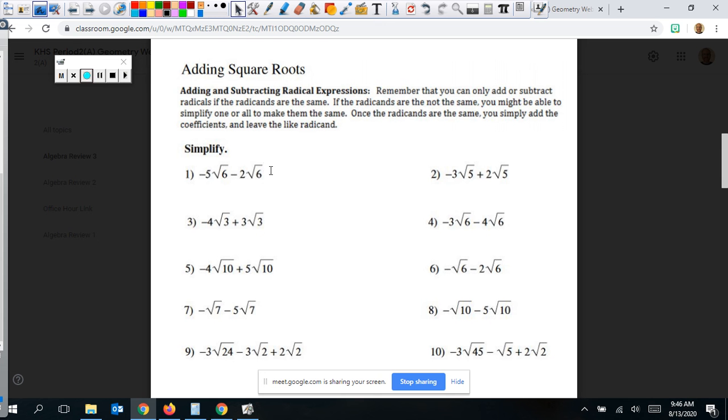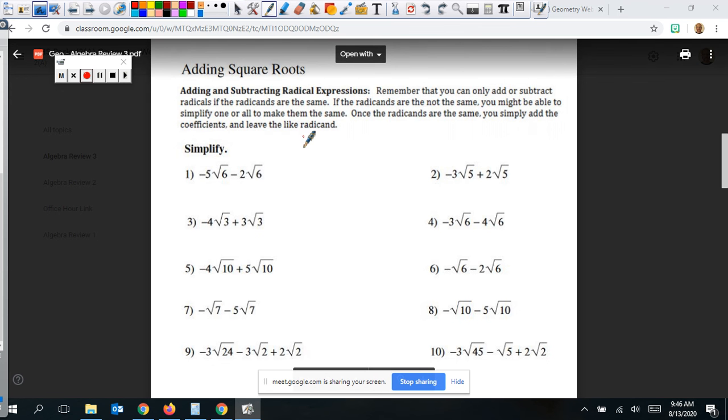So for number 1, we'll do this one together here. It's got the square root of 6 here. That's the like radicand, and that's simplified. There's nothing else you can do with 6. 4 is the only thing that maybe you could, but 4 doesn't go into it. So your answer is going to have the square root of 6. That's going to stay in your answer. What we're going to do is just put together this part right here. We're going to combine, add or subtract the coefficients. That's the numbers in front here.